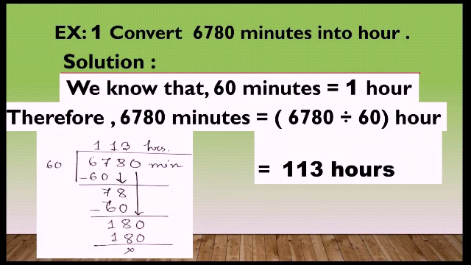We know that 60 minutes equals 1 hour, so here we have to divide 6,780 by 60. See the division I have done here; the division rule is the same. You know the procedure of how to divide. So just do it, and the answer is 113 hours. So when we need to convert minutes to hours, we have to divide by 60.